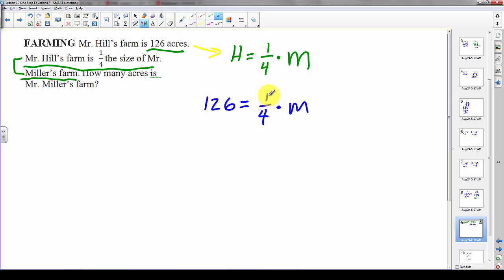In order to make this 1m, I must multiply by the reciprocal of 1/4, which is 4, to both sides of the equation. So multiplying 126 by 4, I'm going to get a total of 504. And that's going to equal the size of Mr. Miller's farm. And let's go with units, acres.